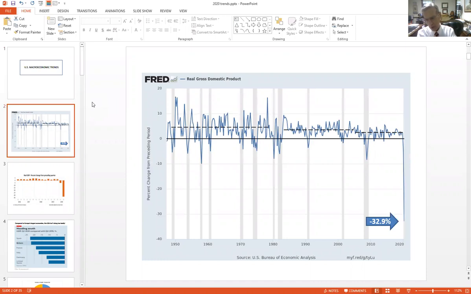So the graphs that are supplied by the U.S. Commerce Department, or the data supplied by the Commerce Department, which are then used by the Federal Reserve to create a lot of these nice graphs that we use, among others. But they look a lot different than they used to in prior videos. And that's because the scale has to be expanded so much.